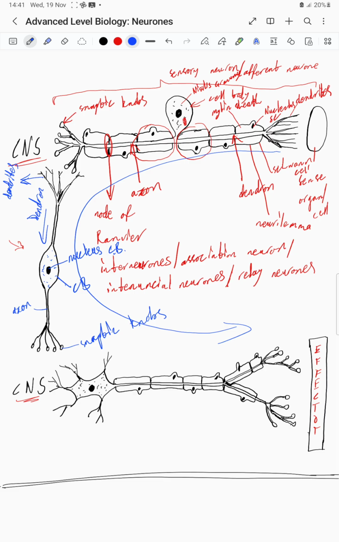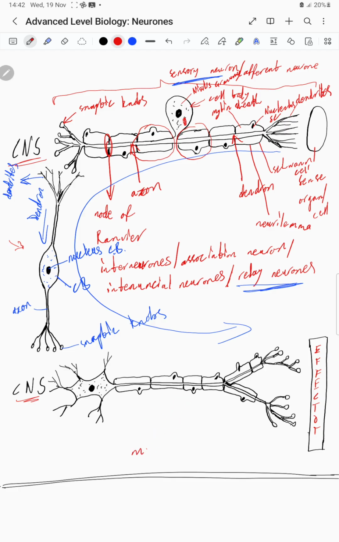So we go on to those. If you really look into the names, relay neuron, sensory neuron, you can see sensory neuron is from the senses. Relay neuron relays the senses into what are now called motor neurons.